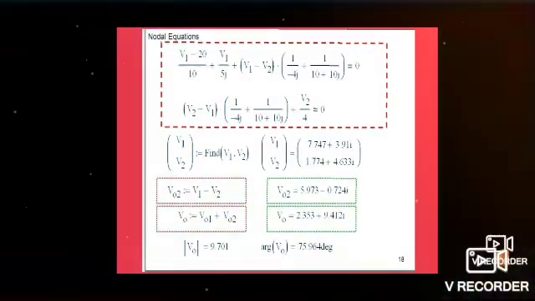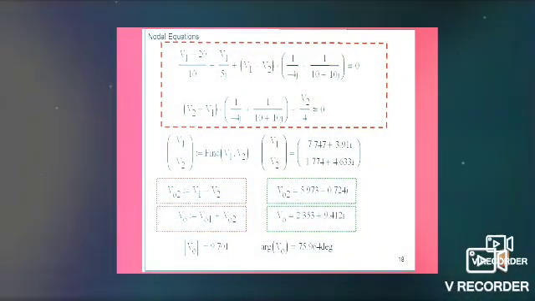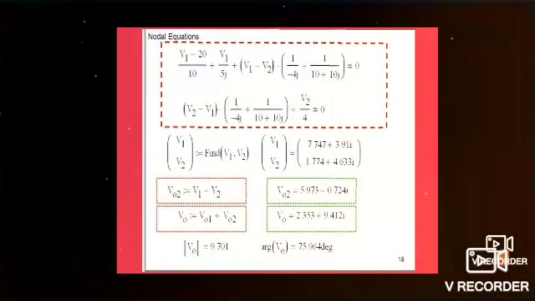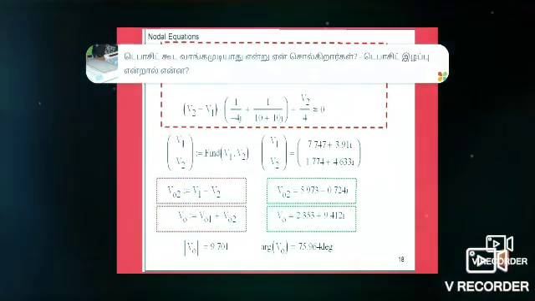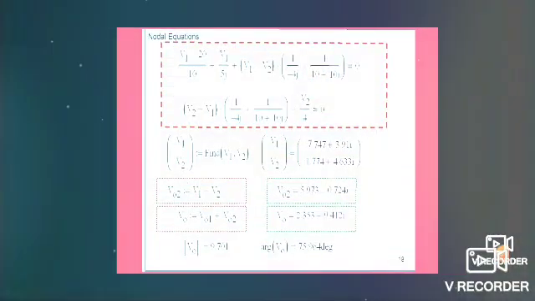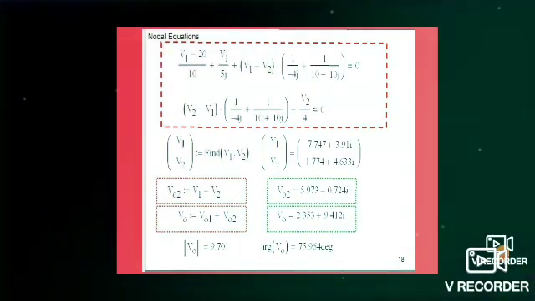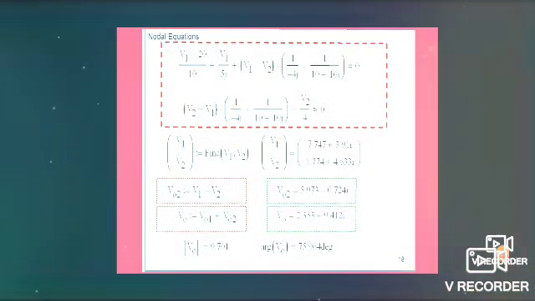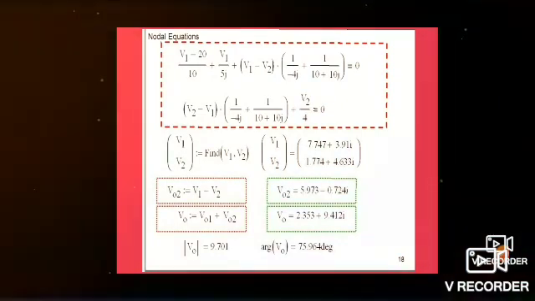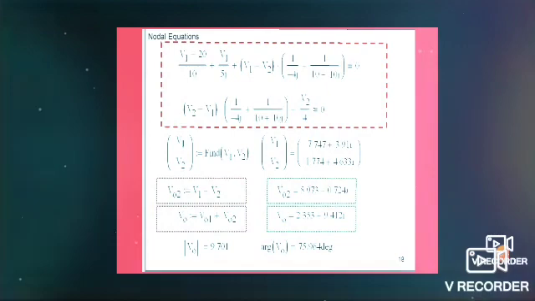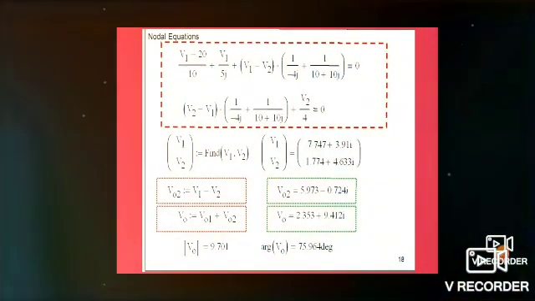Then V2 minus V1 into 1 by minus 4J plus 1 by 10 plus 10J plus V2 divided by 4 equal to 0. Again, we use the matrix equation. By matrix analysis, V1 is 7.747 plus 3.91J and V2 is 1.774 plus 4.633J. Now V02 is V1 minus V2, so V02 equals 5.973 minus 0.724J.